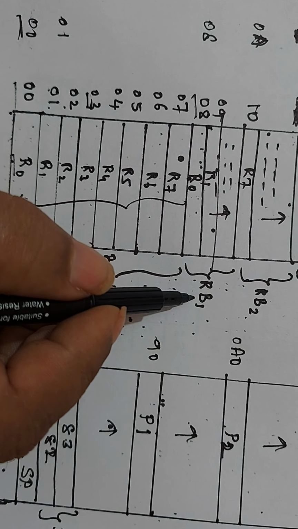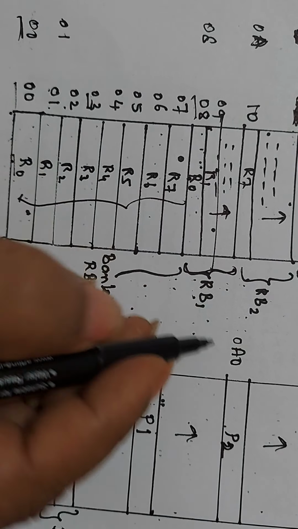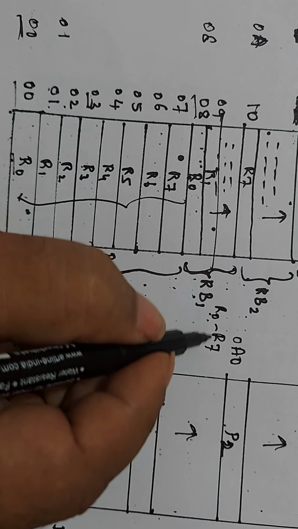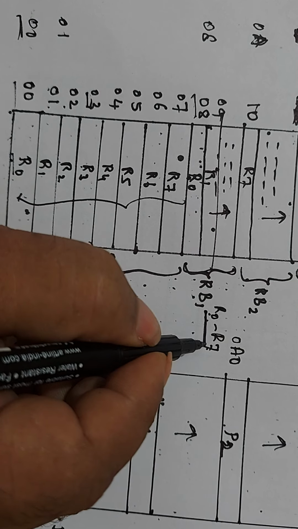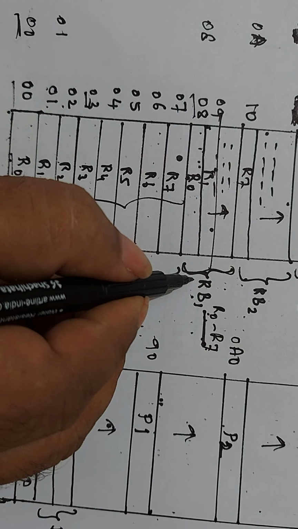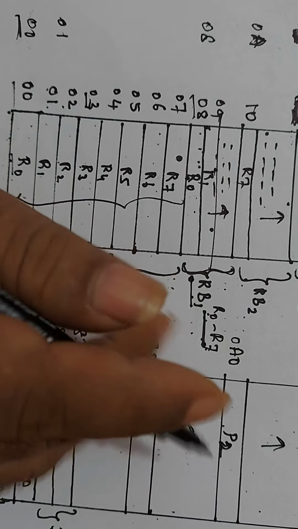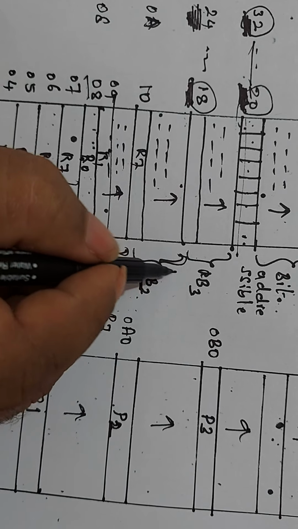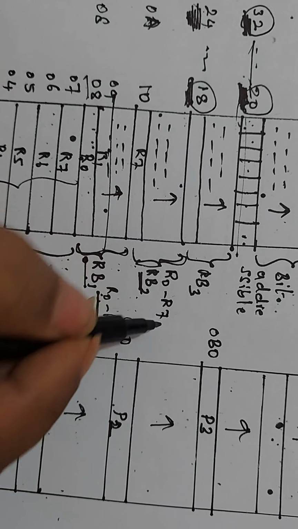Register bank RB1 also consists of the working registers R0 to R7, 8 registers. But these 8 registers are considered as register bank RB1. The register bank RB2 also consists of 8 registers R0 to R7.